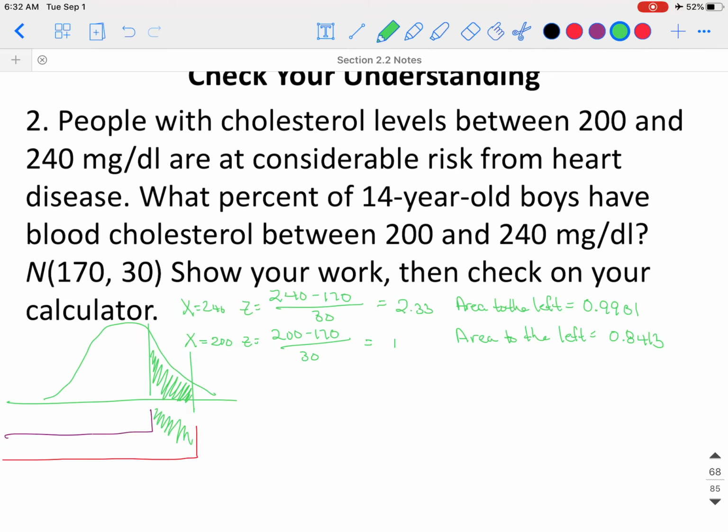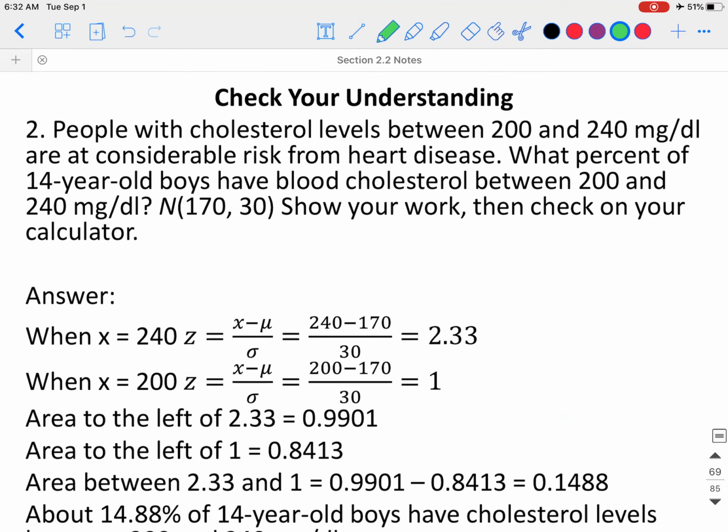To find what's in between them, we are going to have to find the difference. So we are going to subtract. And that's going to give us an area of 0.1488, or about 14.88% of 14-year-old boys have cholesterol level between 200 and 240 milligrams per deciliter.